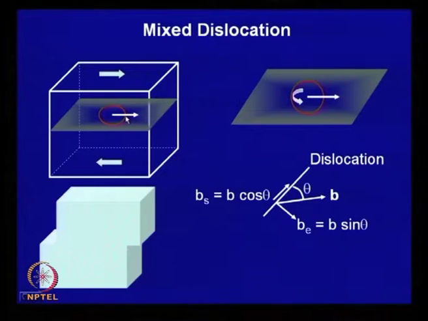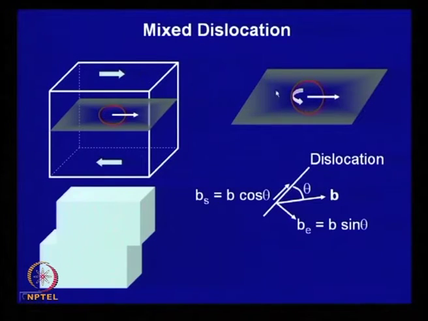If it is a positive dislocation, the upper part moves ahead. If it is negative, in the bottom part you have an extra atom, and when it comes out it forms a step like this. Whereas these two parts are the screw dislocations. Now, for the screw dislocation also, one will be positive and the other will be negative, and the step here will also form along this. It is easy to visualize.